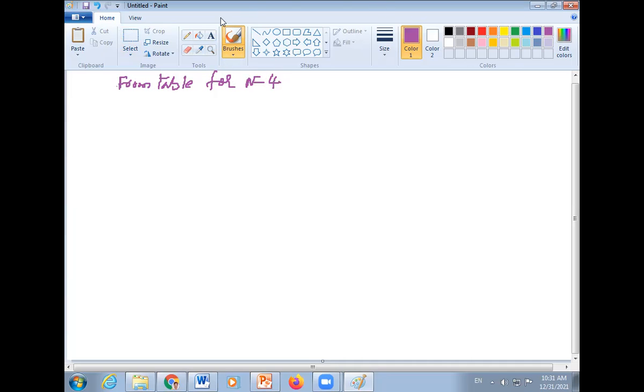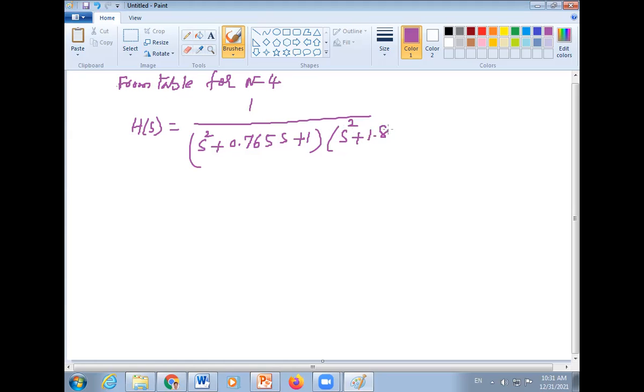we can write the transfer function as H of s is equal to 1 divided by s square plus 0.765 s plus 1, multiplied with s square plus 1.84847 s plus 1.